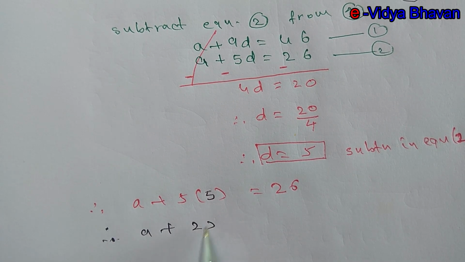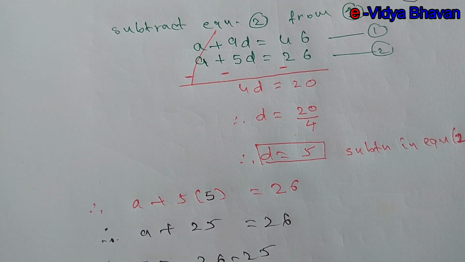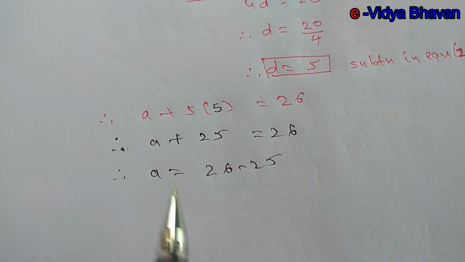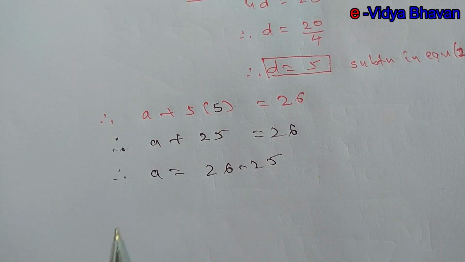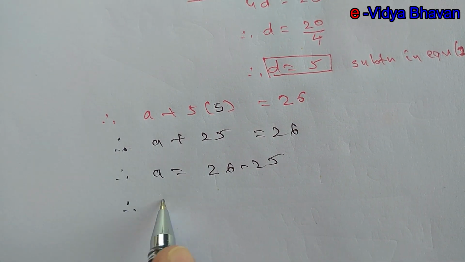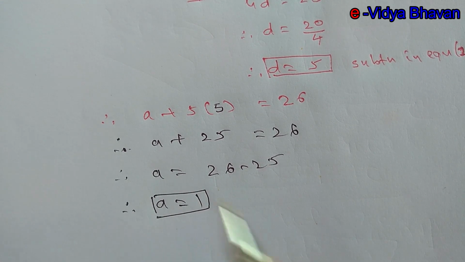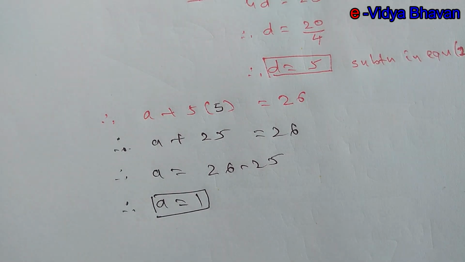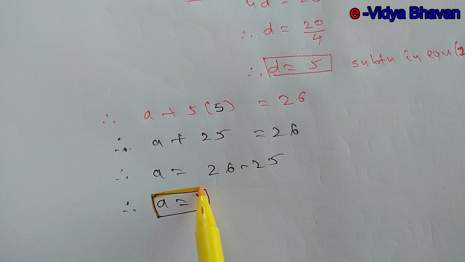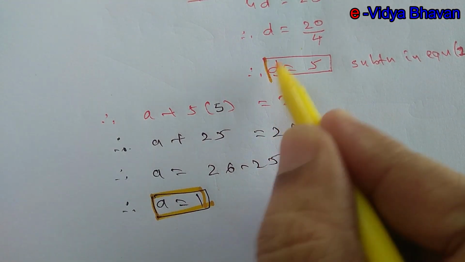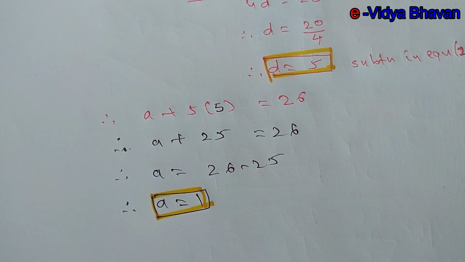A plus 25 is equal to 26. Therefore, a equal to 26 minus 25. So 25 will go to that side, so a equal to 26 minus 25. Therefore, a is equal to 1. So we got the two values. First term a equal to 1, common difference d equal to 5.